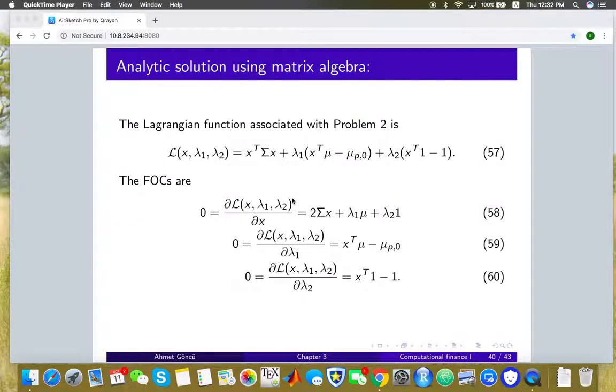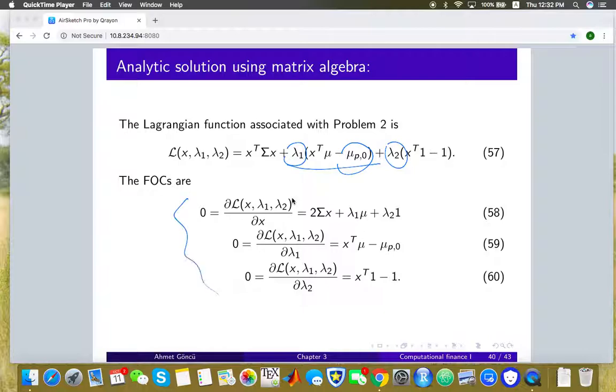In this case, we can set up our Lagrangian as before. Different from the global minimum variance portfolio problem, this time we have an additional constraint, which says we have a target expected return of mu 0. Therefore, we will have 2 Lagrangian coefficients coming from 2 different constraints.